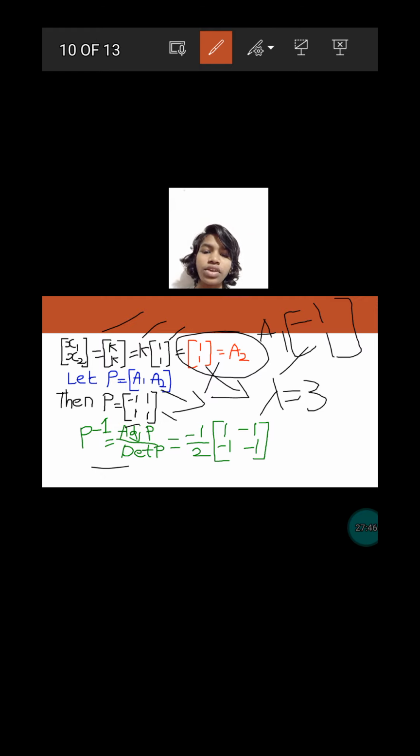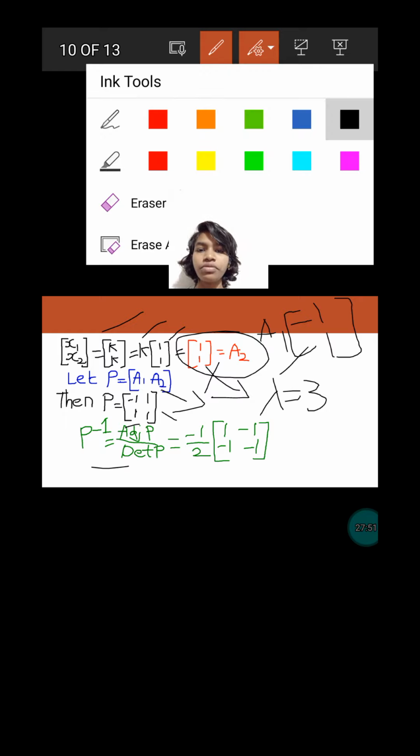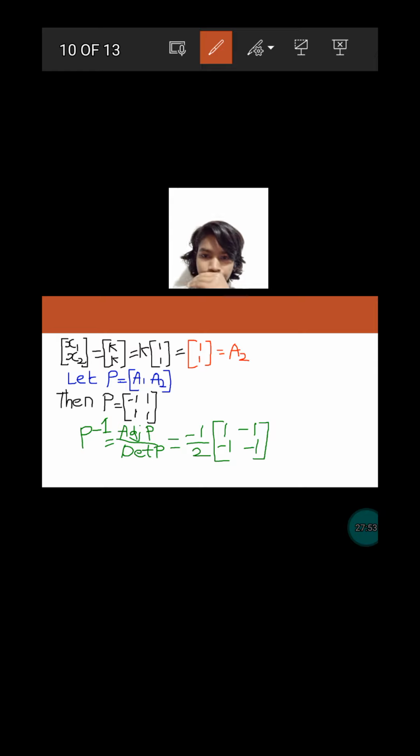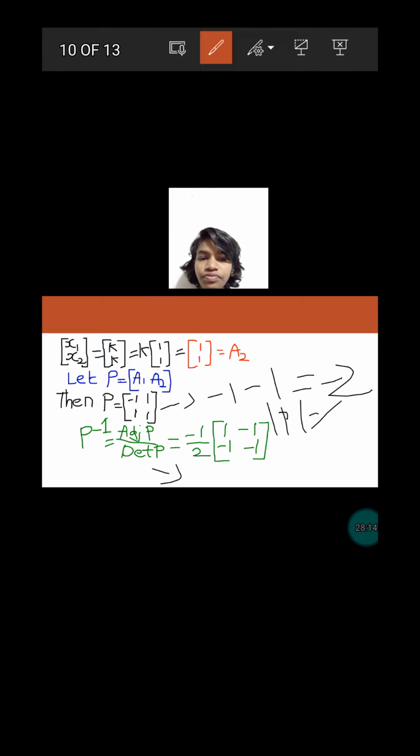P inverse is nothing but adjoint P by det P. Here det of P equals -1 into 1, that is -1, minus 1 into 1, that is 1, which equals -2. Det of P equals -2.